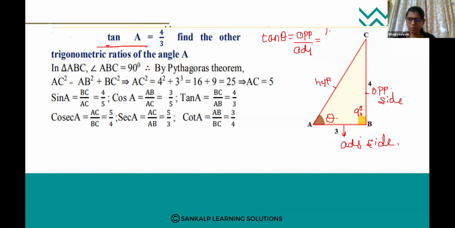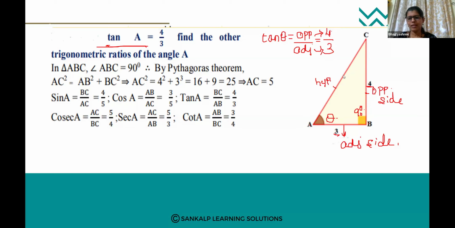So 4 by 3 means 4 is opposite side, 3 is adjacent side. Have you understood? Let us write these values here. BC is opposite side, that is 4, and adjacent side is AB, that is 3.